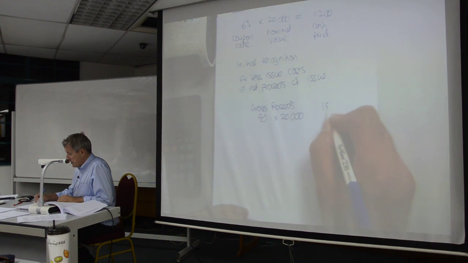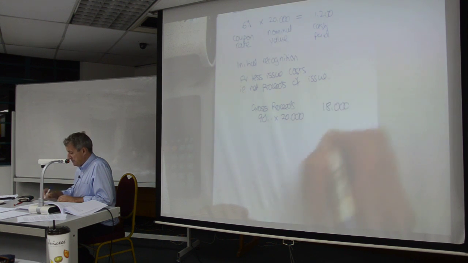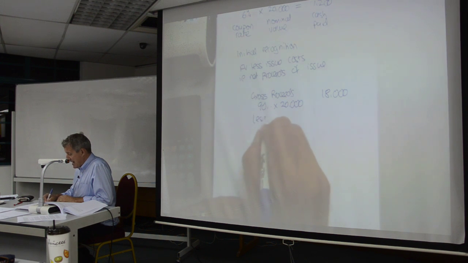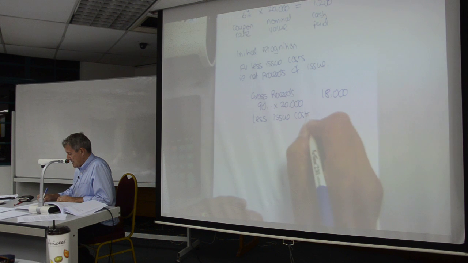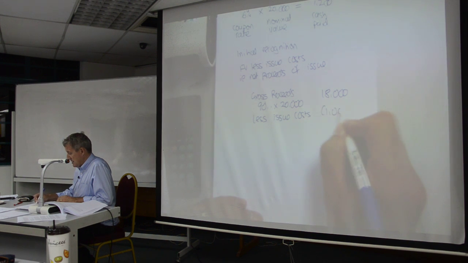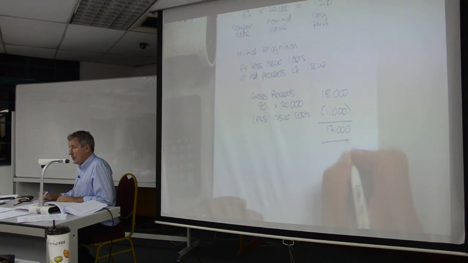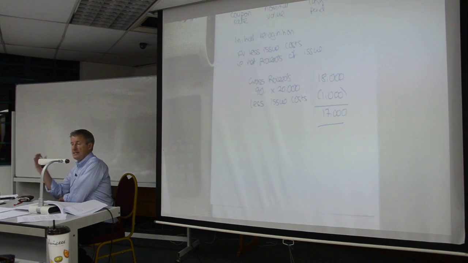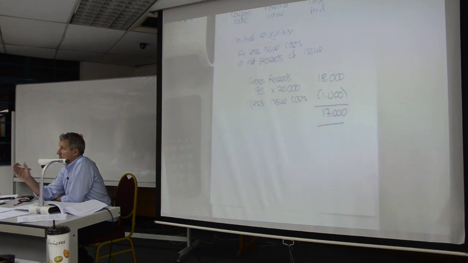The gross proceeds of 18 less the issue costs. You've only received 17,000 in cash.